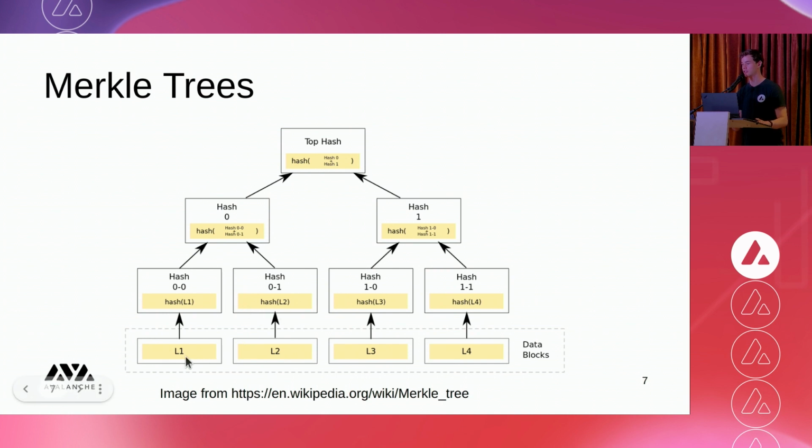So if we were to change, let's say, this piece of data, L1, that will cause there to be a different hash for this node. And if the hash of this node changes, then the hash of this node will change, which makes the hash of the root change. So, I mean, the thing that I want you to take away from this is that if you change anything at all in this tree, then the root hash changes. So the root hash acts as a fingerprint for the entire thing.